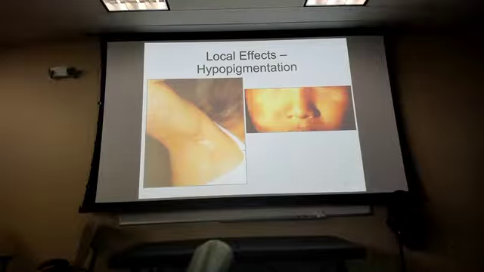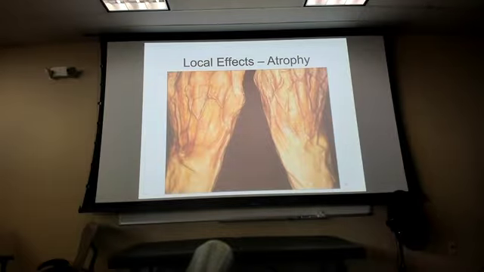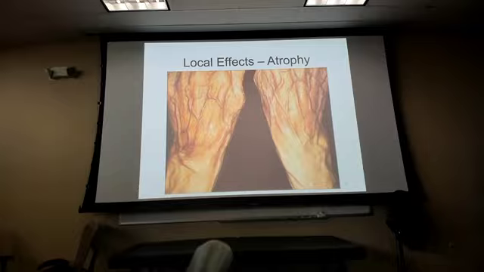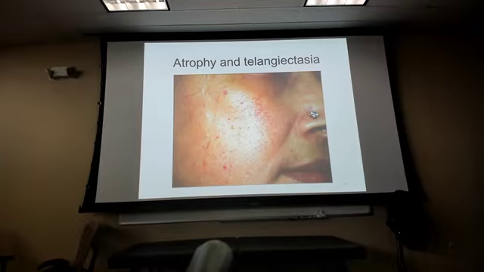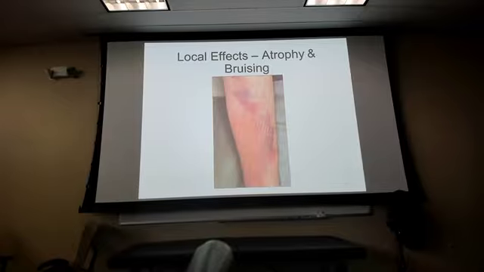So here's some of those pictures there. So we can see that hypopigmentation of that face and axilla. We can see some of that atrophy, right? Telangiectasis. More atrophy seen in the middle, but not only that, they're able to bleed. They're able to have that bruising that is happening there.